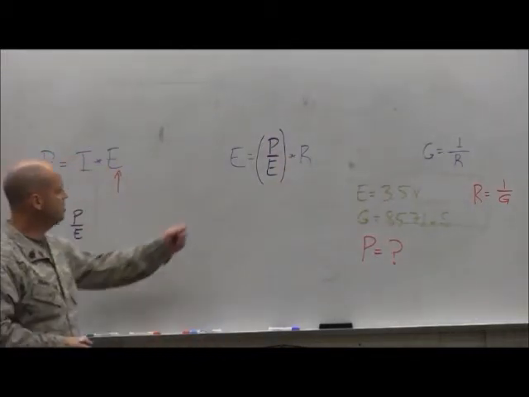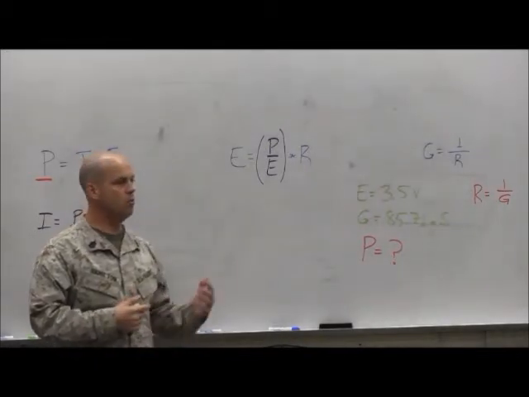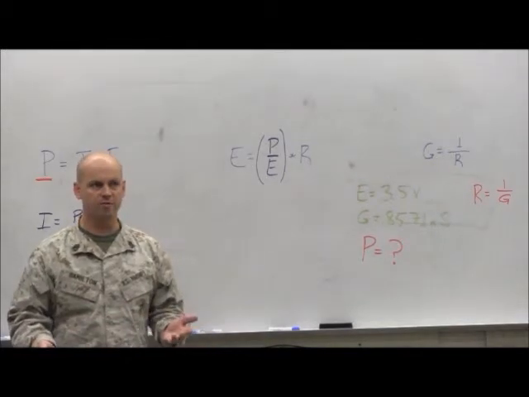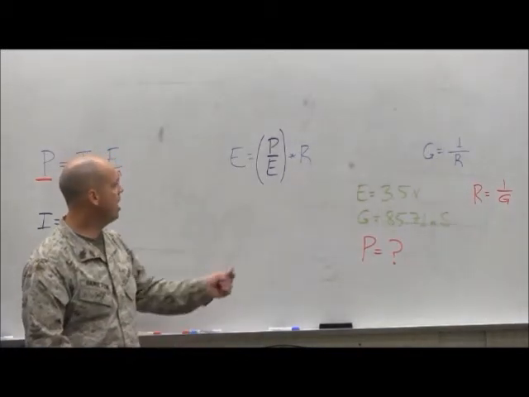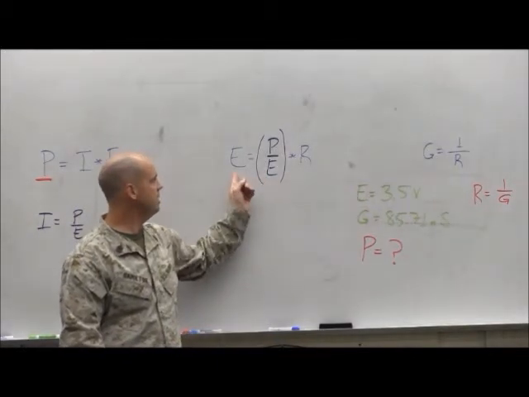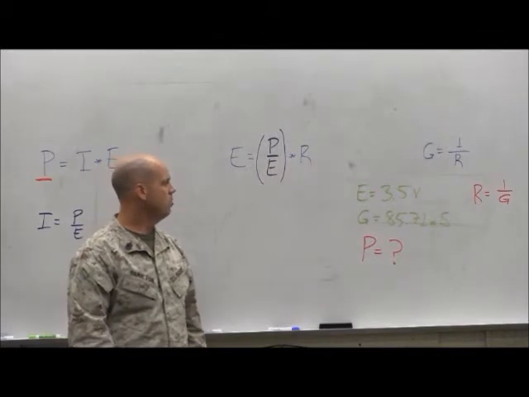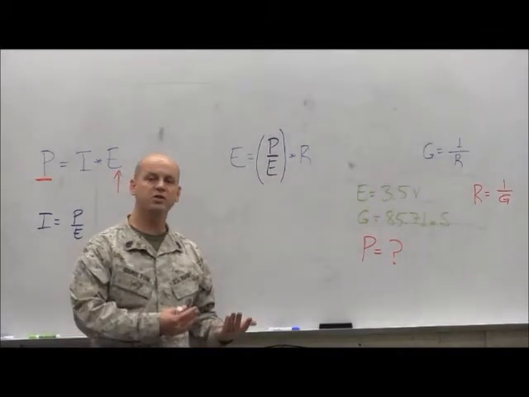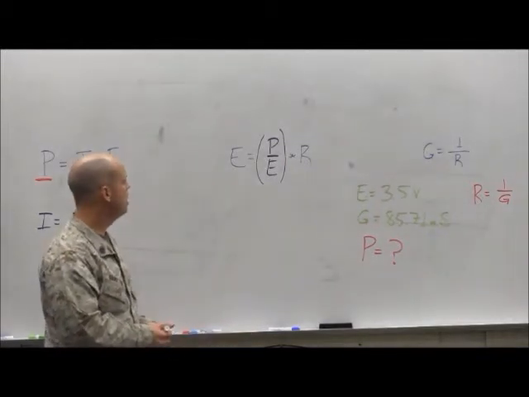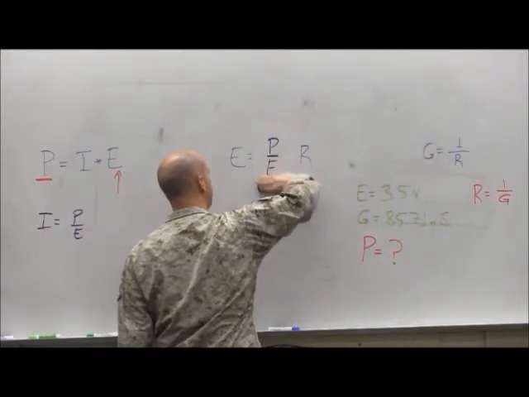Okay, now, in this formula here, do I have variables that represent what I'm provided and what I'm looking for, but leave nothing unaccounted for? Yes. I've got G, which is represented by R. I've got my E. There's an E and E. And I've got my P, which is what I'm looking for. We're looking for P, so let's put everything in terms of P. Well, I can take down these parentheses by multiplying the R through the numerator.